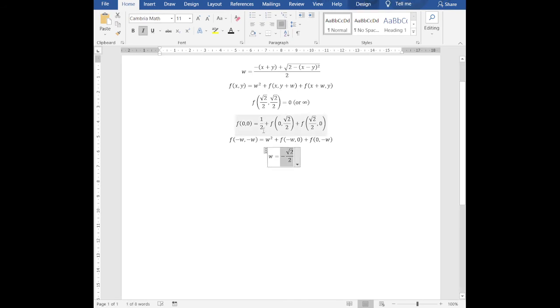As in this equation above, that would be interesting. W equals minus square root. Oh, sorry. That'd have to be w equals square root of 2 over 2.